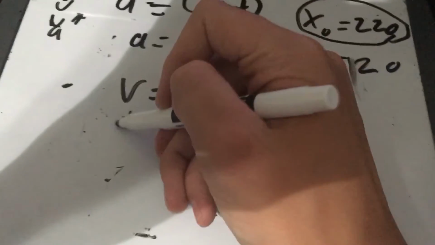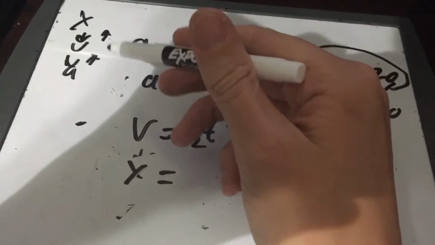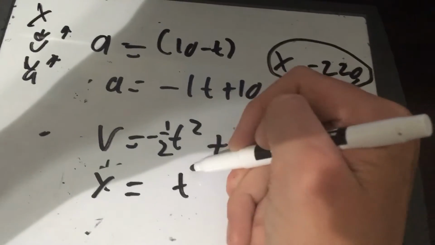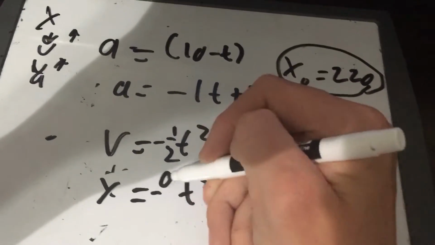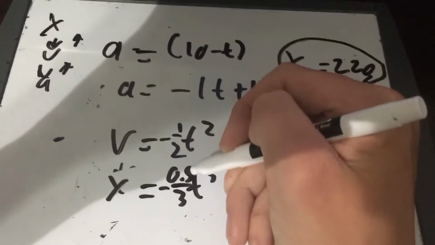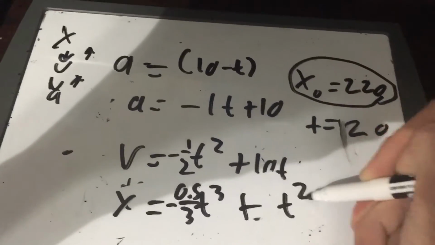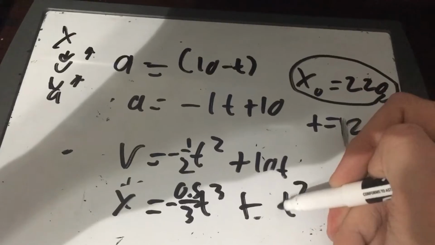And we want to find for displacement. And again, following these rules, we know that we have to find the antiderivative. So we raise this and then divide it by, I'm using 0.5 so we don't have a ratio over a ratio. And then plus raise, and then 10 divided by 2 is 5.